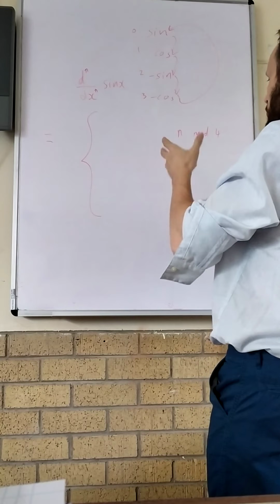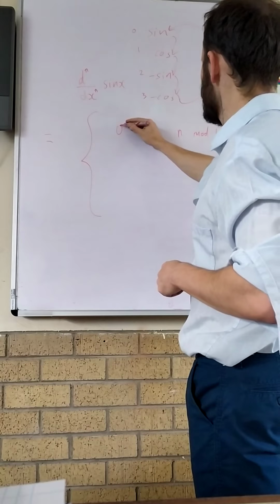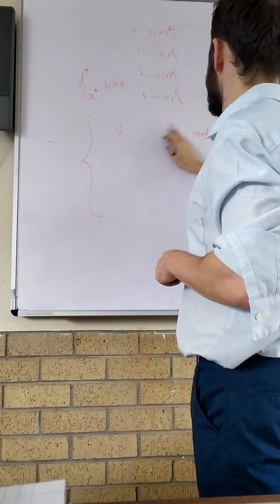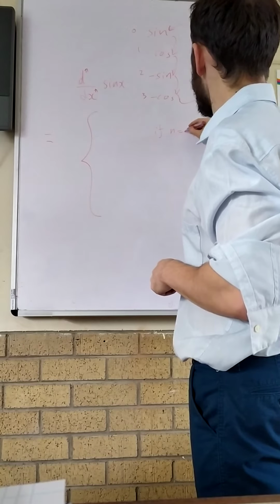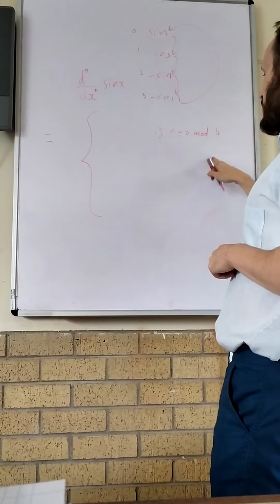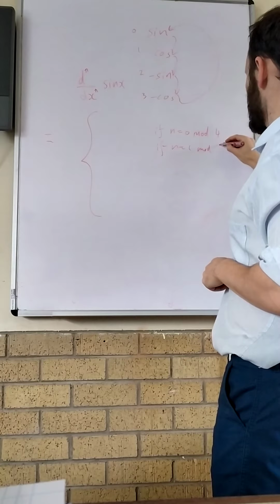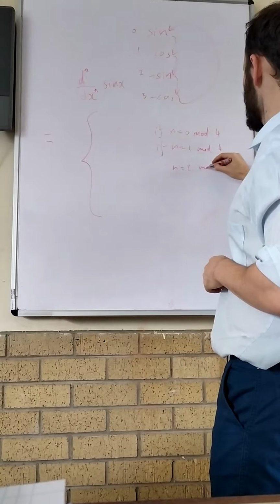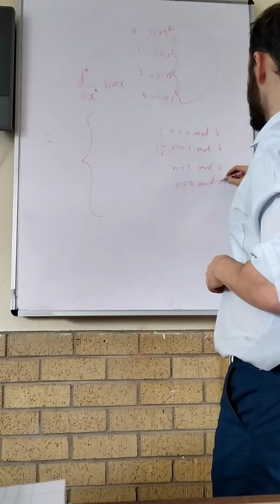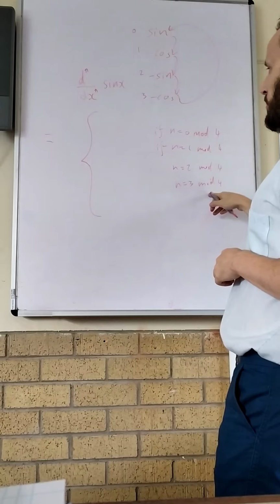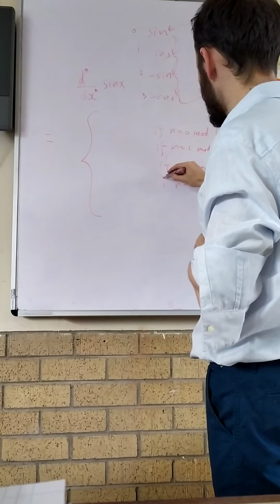Any natural number mod 4 would be 0 mod 4, or 1 mod 4, or 2 mod 4, or 3 mod 4. It can't be 4 mod 4. If the remainder was 4, you divide by 4 and the remainder is actually just 0. You have an extra factor of 4. So these are all your scenarios.